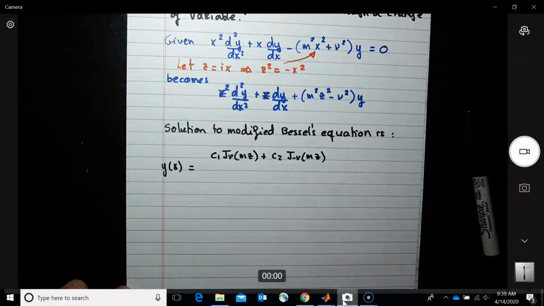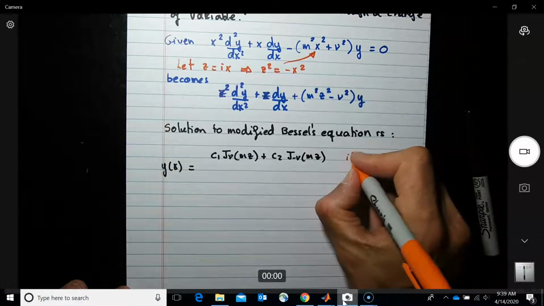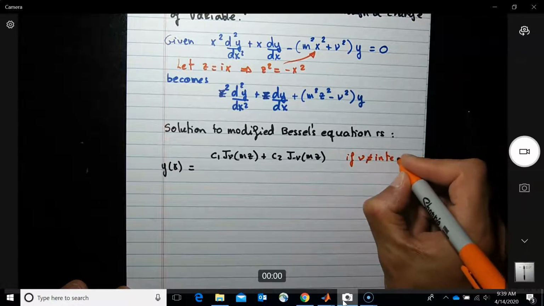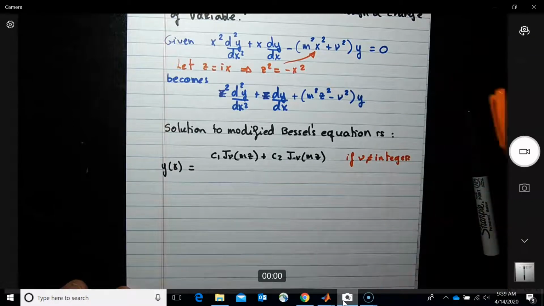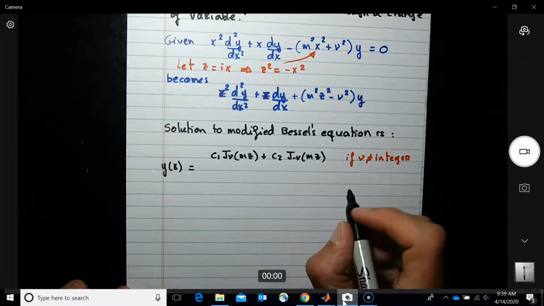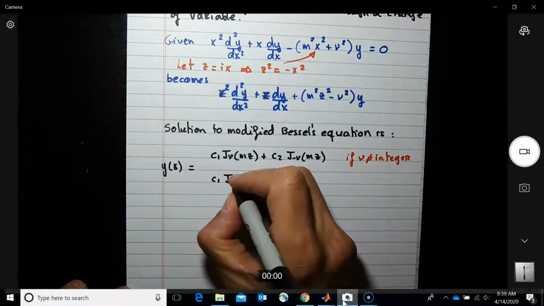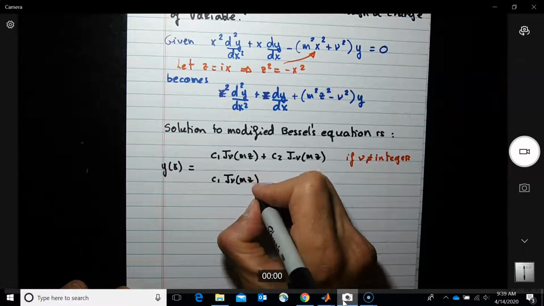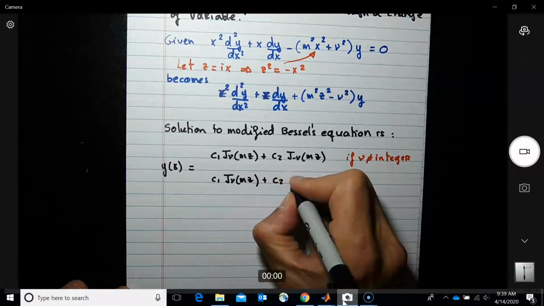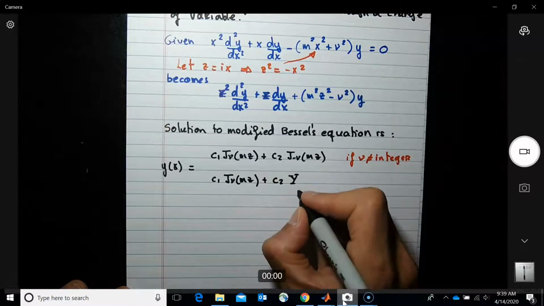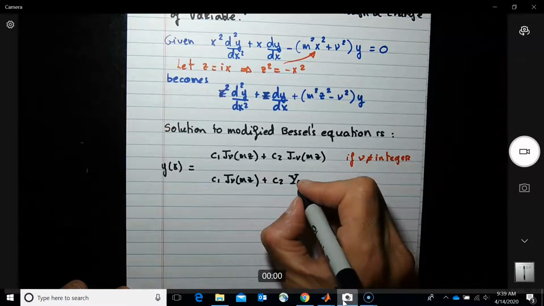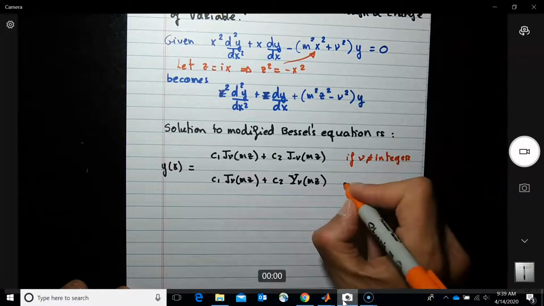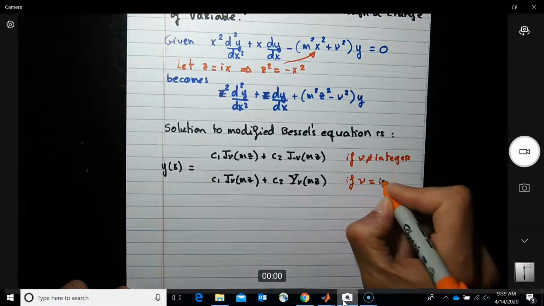So this will be for mu not an integer, like before, no changes. And then this one will be c1 J of mu of mz plus c2, the Bessel function of the second kind of order mu of mz, if mu is an integer.